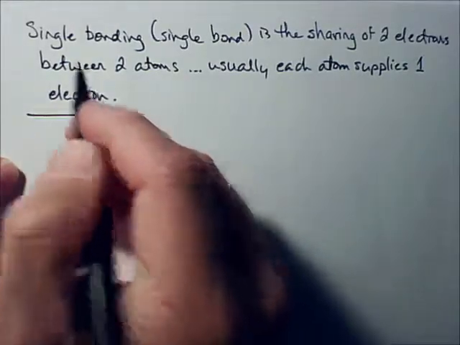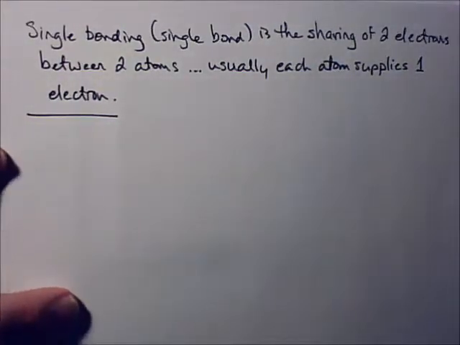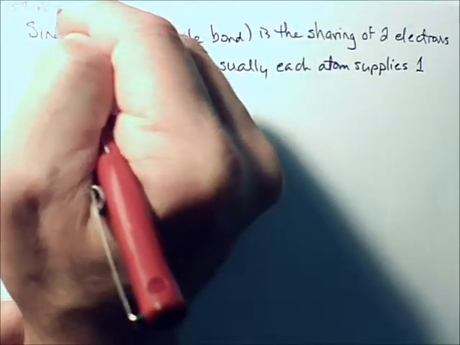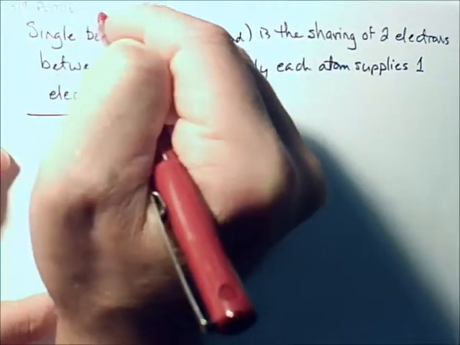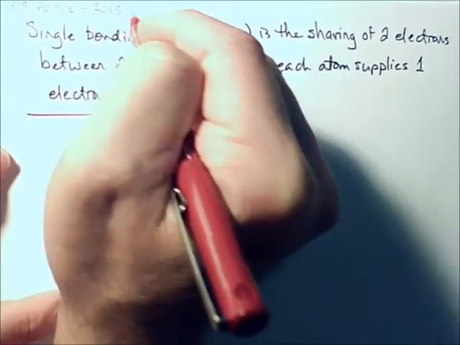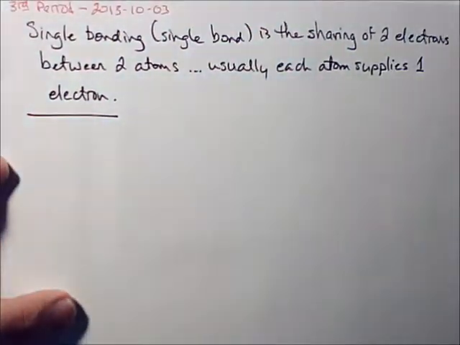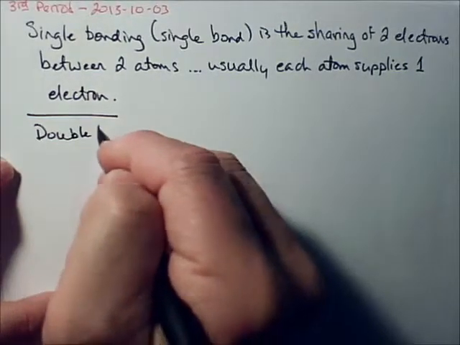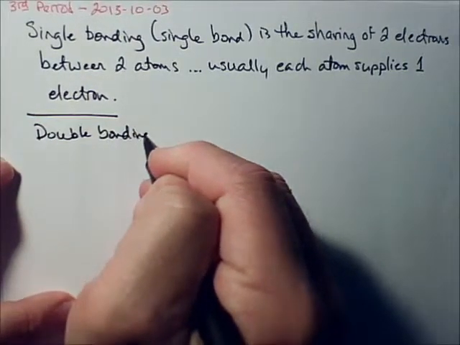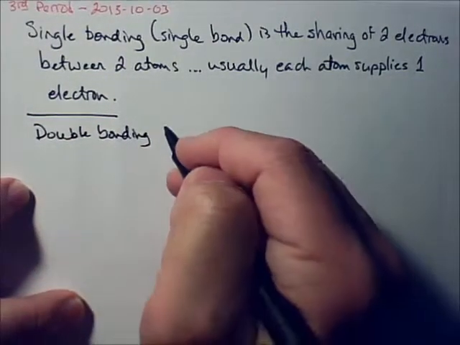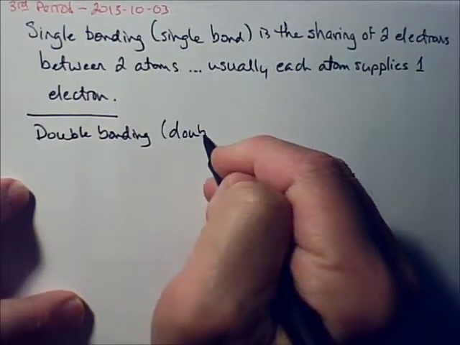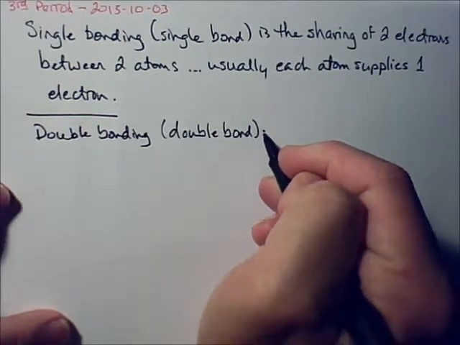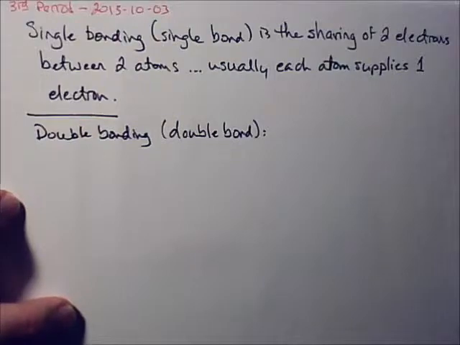But what I want to do is to go from where we learned about single bonding now to what's called double bonding. So once we have a double bond, the process would be called double bonding.